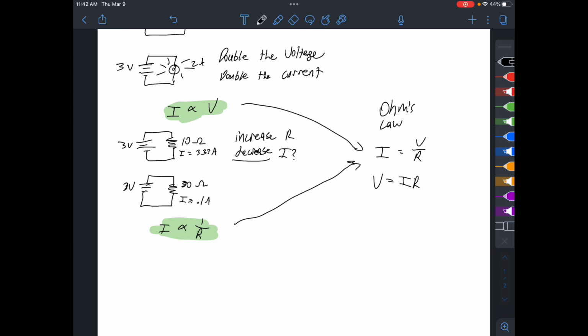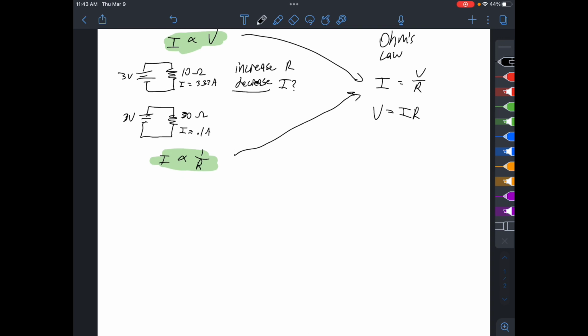And you'll see that we can do all kinds of stuff with this. We'll just do a quick example. Two resistors in series. One of them is maybe 10 ohms.